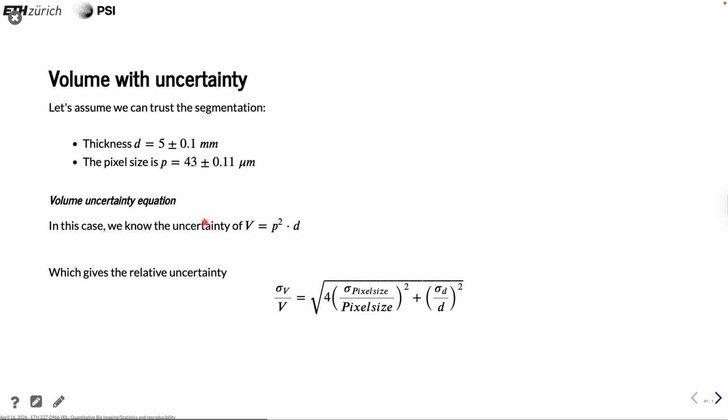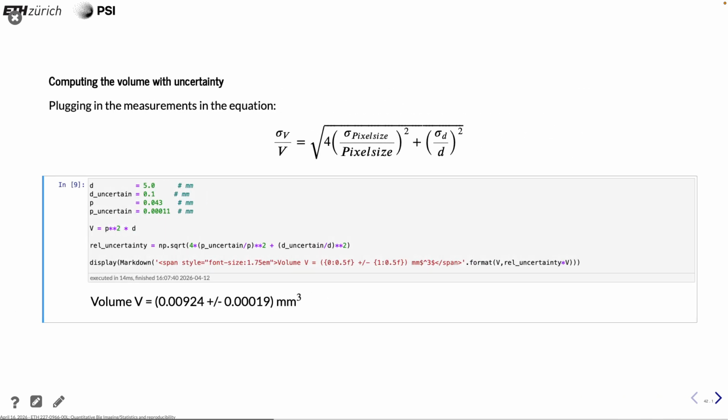Now we want to know the uncertainty of this equation, and that is calculated like this. Let's plug that in, put in the same things, do the calculations, and we come up with some volume and its uncertainty in this measurement.